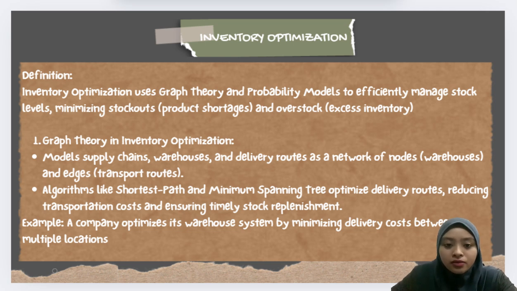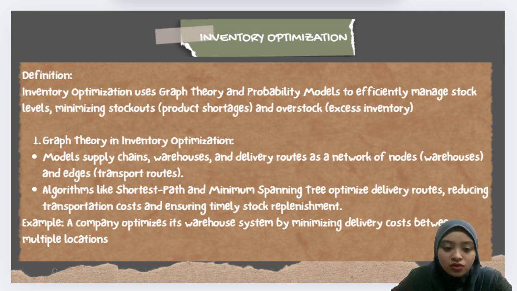Next is inventory optimization. Inventory optimization uses graph theory and probability models to efficiently manage stock levels, minimizing stockouts, product shortage, and overstock excess inventory. First, graph theory in inventory optimization.